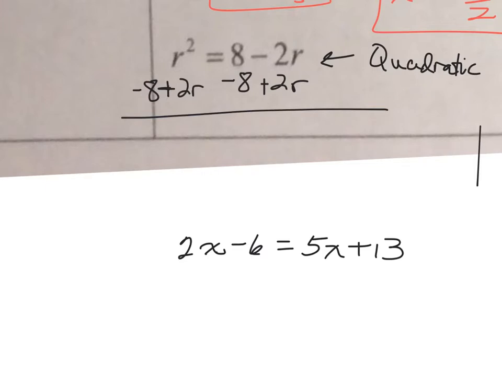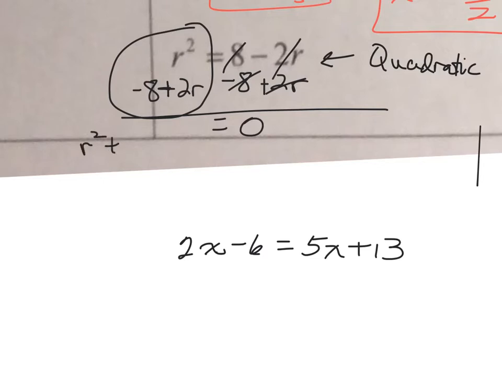Okay, you'll get the same thing. It's going to look a little different getting there, but you'll eventually get the same thing. So over here, these cancel, and you get your 0. And the thing that we kept saying in class is, when you write your polynomial over here, make sure you write it in descending order. So go r squared plus 2r minus 8.